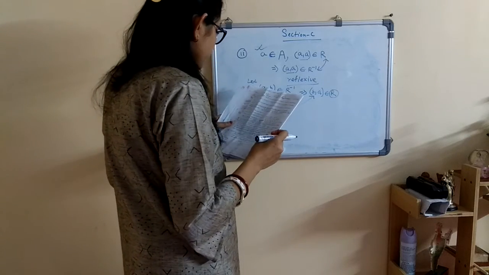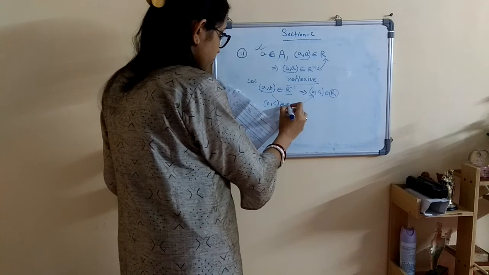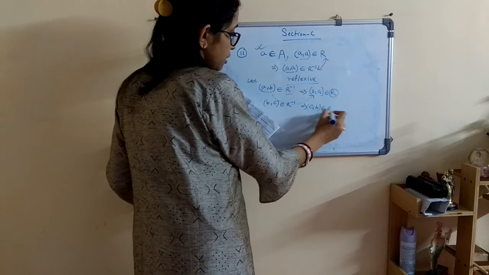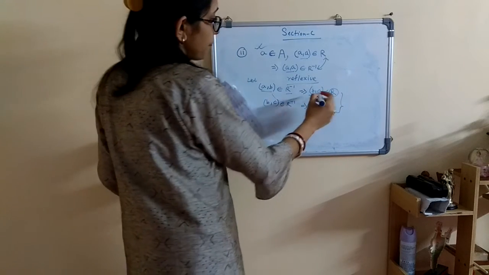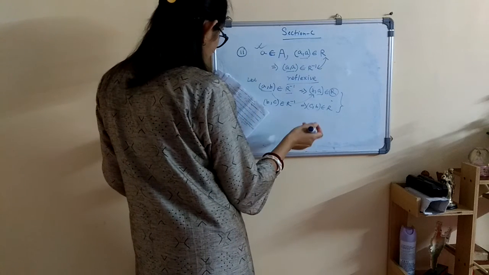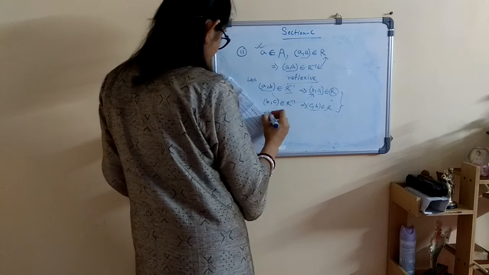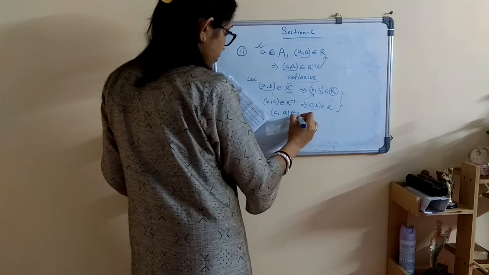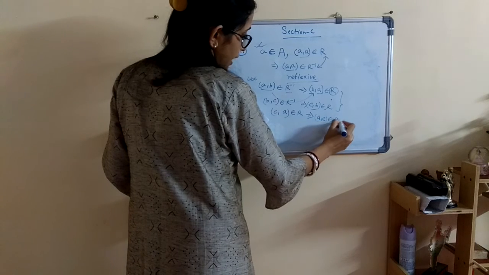Now in this way, let us consider again (B, C) belongs to R inverse, then (C, B) belongs to R. So from these two we can write that (B, A) belongs to R and (C, B) belongs to R. From these two relations we can say (C, A) belongs to R, which also implies that (A, C) belongs to R inverse.